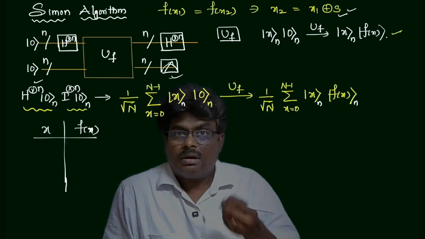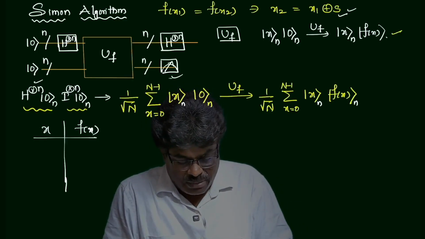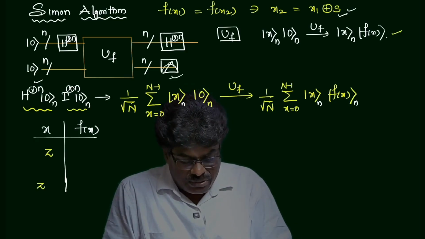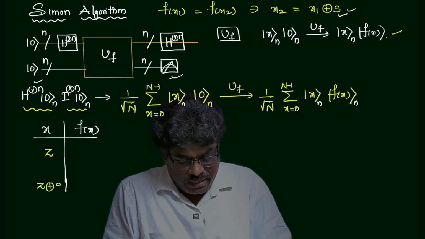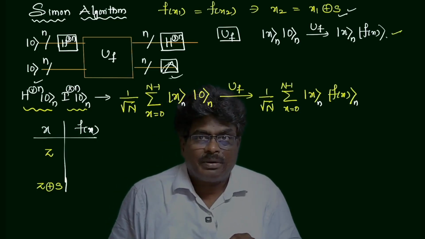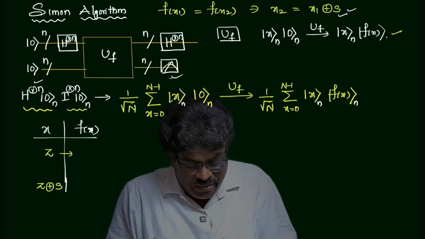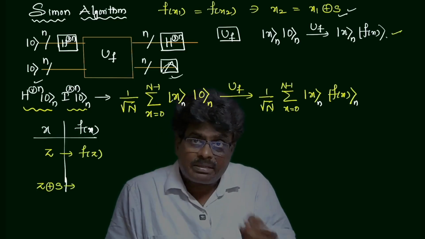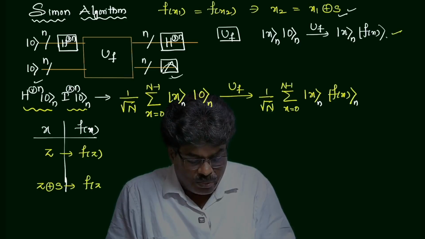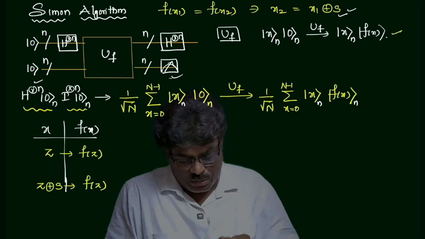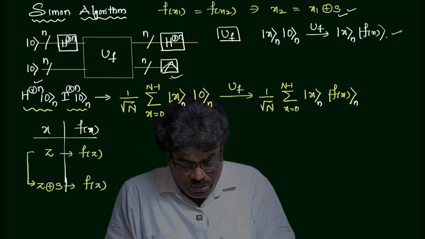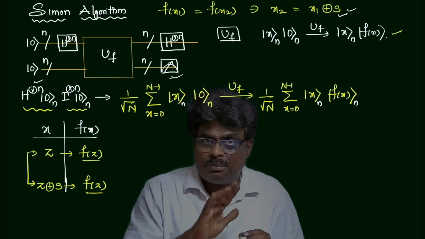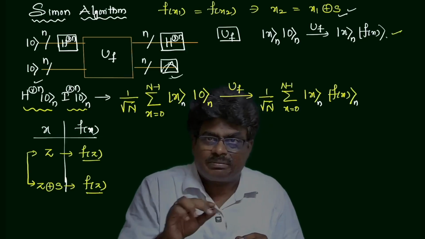Careful. Somewhere, let us suppose we have some input z, and somewhere else we have z XOR s. This z has output f of z, and this z XOR s also has output f of z. So these two inputs have the same output.